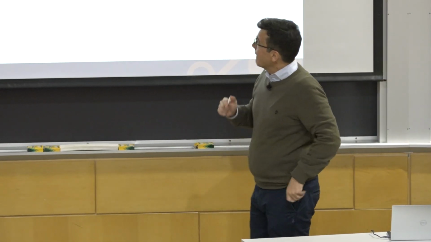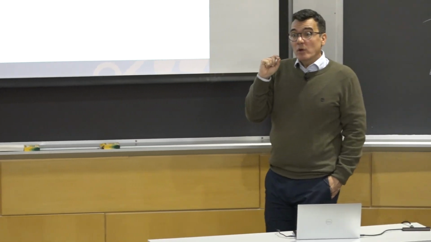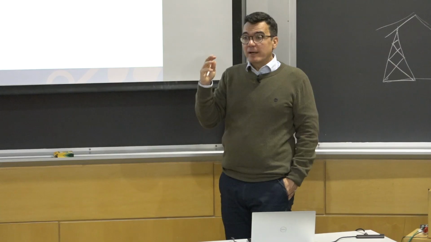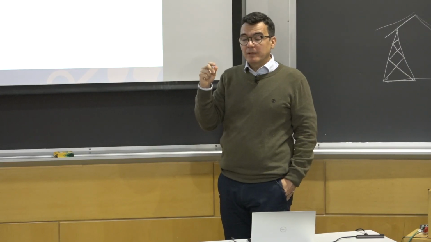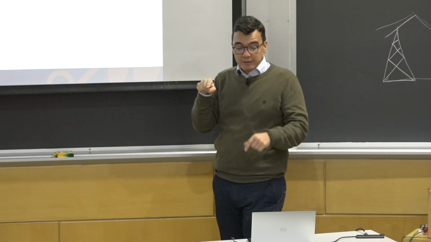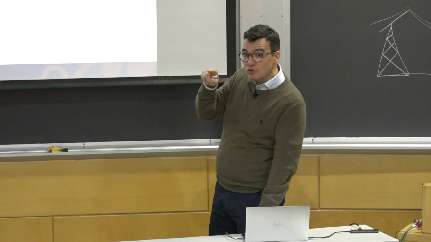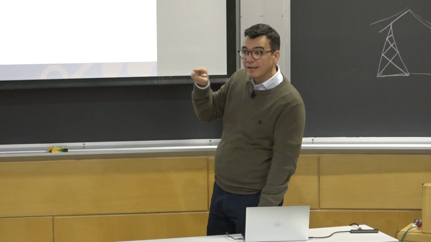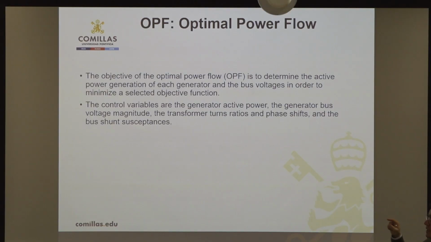Okay. The point is that when we optimize the operation of my network and my generators, we need to take into account that the flows of the lines cannot be violated, and therefore we need to compute these previous equations while I'm optimizing.